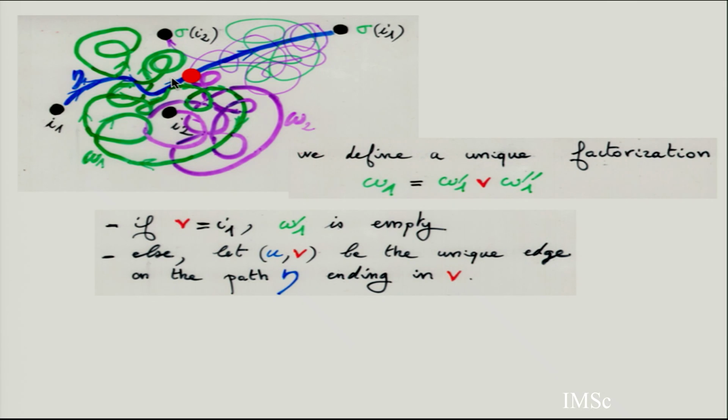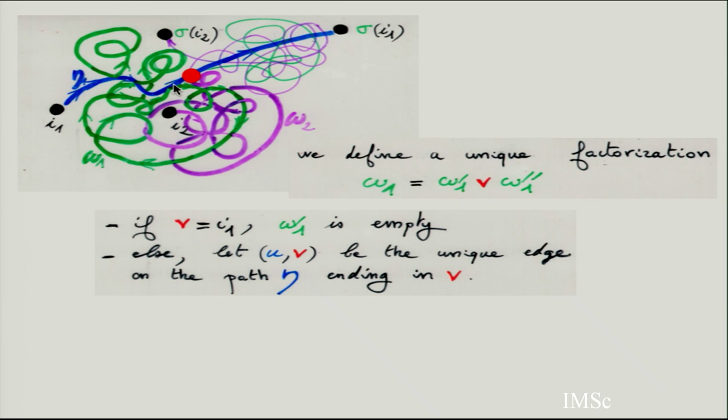And you cut the green path omega 1, following the path, when the path goes through this maximal edge. Because the path can go many times through certain edges, but this edge is maximal for the flow. When you are on the blue path, the loop-erased walk, nobody will come on these edges anymore. So you cut the green path.